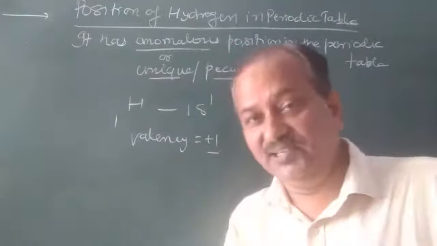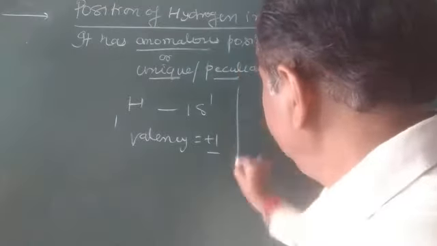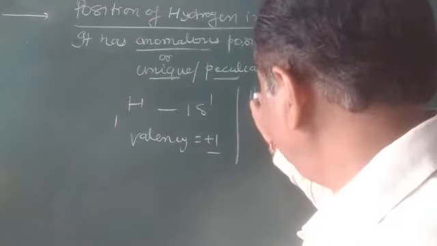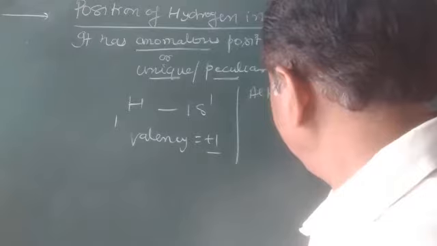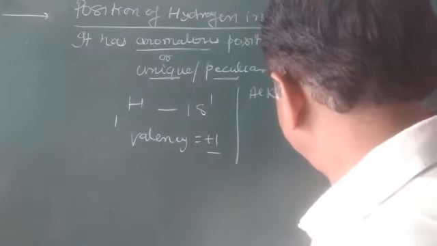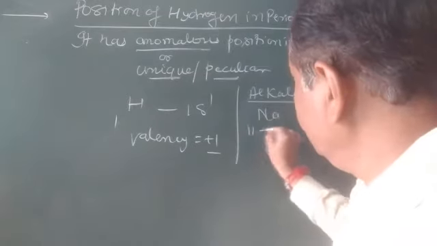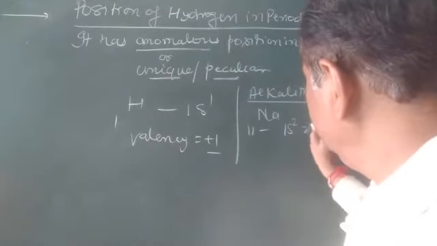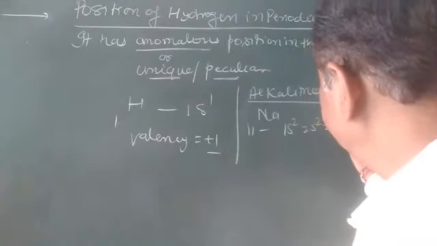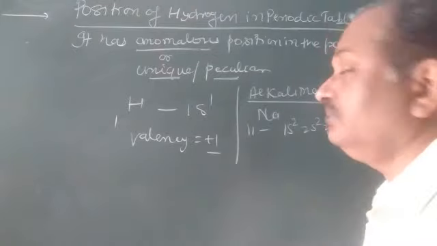Now see what is important. I am writing alkali metal like sodium. Atomic number 11: 1s2, 2s2, 2p6 and 3s1.